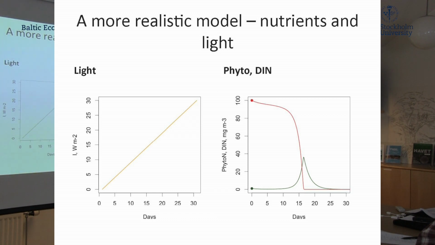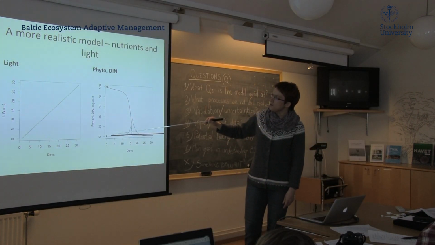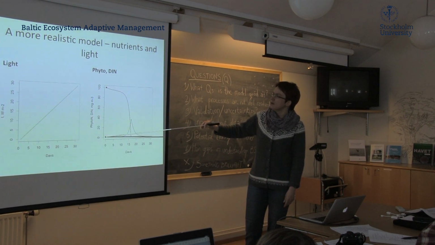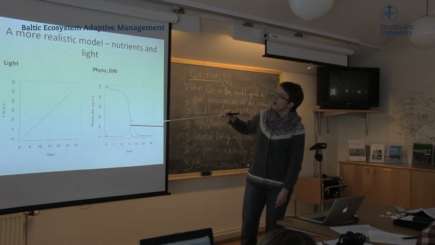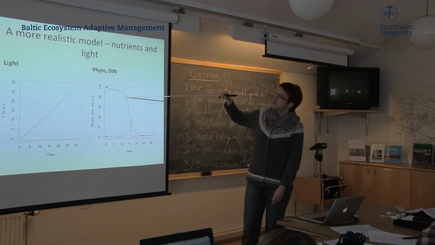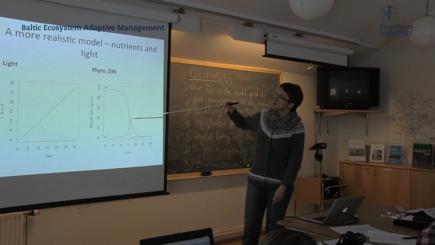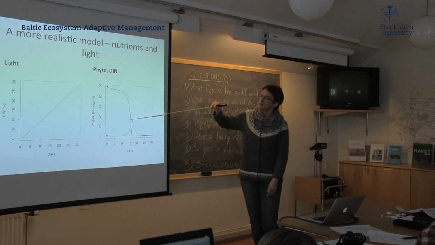So just imagine this would be the difference between March and April. So in the beginning, we are in the darkness. This is phytoplankton. So there's hardly any phytoplankton growth because it's very light limited. It starts to grow when the light limitation ceases. It starts to deplete the nutrients. So the limitation now switches from light limitation to nutrient limitation.